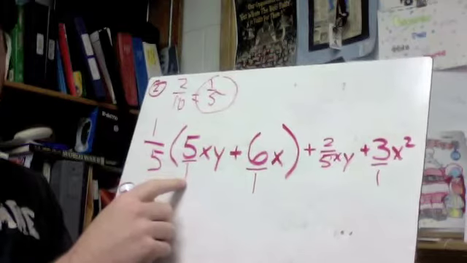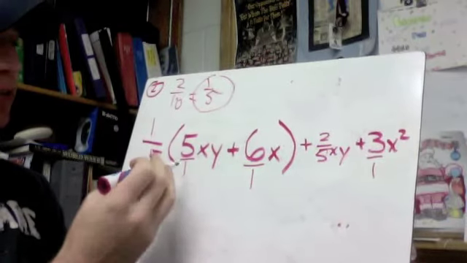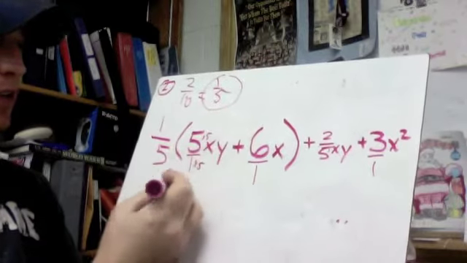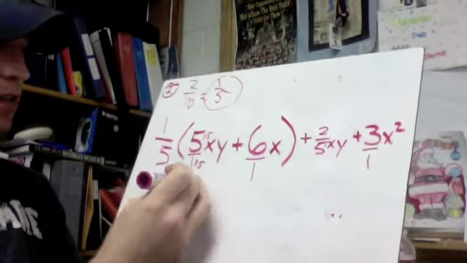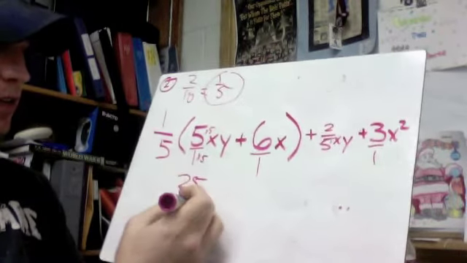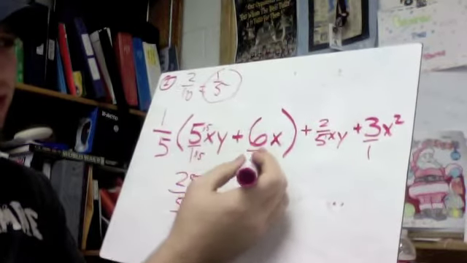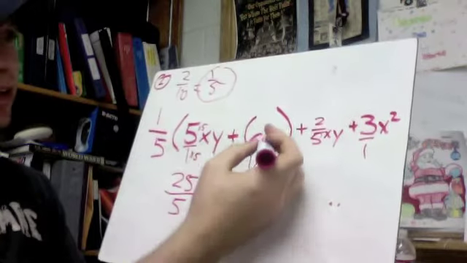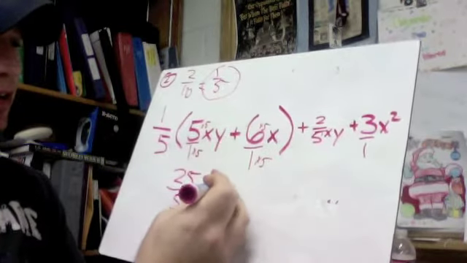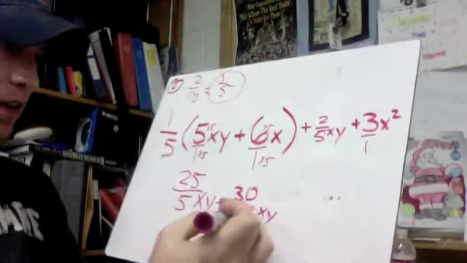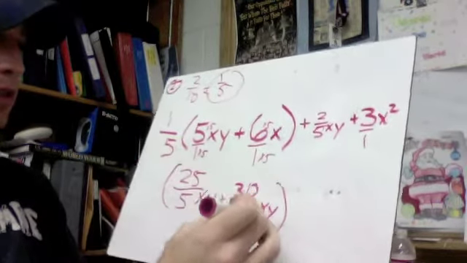If I made the denominator 5 here, that would just be times 5 here and times 5 here, so that would just be 25/5 xy. If I made this 5, that would just be times 5 there, times 5 there, so that would be 30/5 xy in those parentheses.